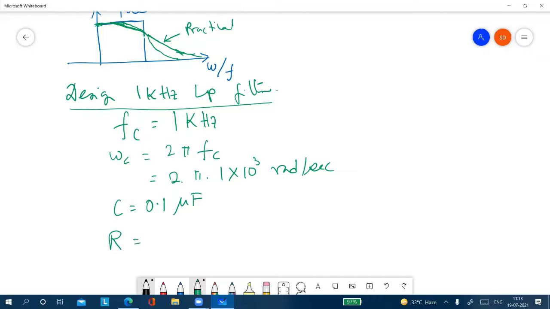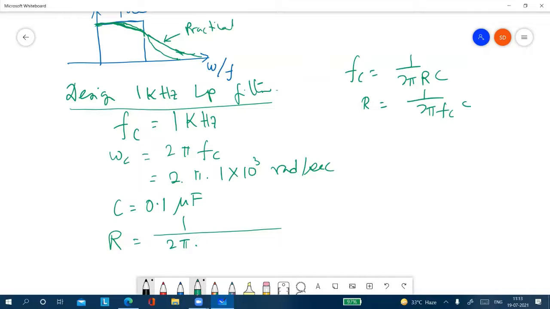As we know, fc equals 1 by 2 pi RC, so R equals 1 by 2 pi fc into C. Or omega c equals 1 by RC.